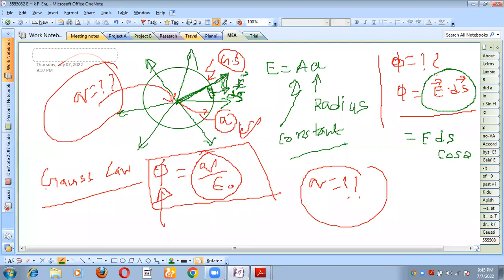Getting my point or not? Yes, sir. If you take any small area on a spherical surface, the direction of area is normal. So the direction of ds is along the normal, which is along the radial direction since it is a spherical surface. So this theta should be equal to 0 degree.